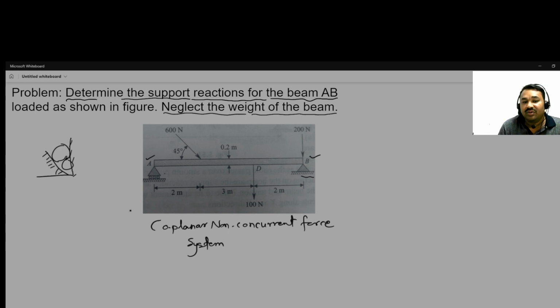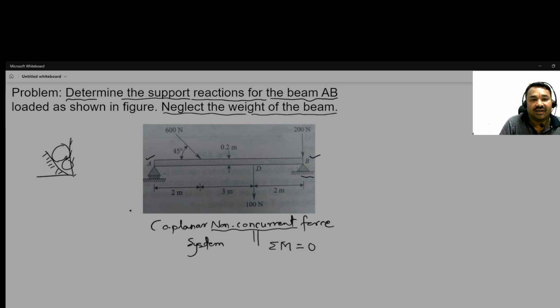And you might be remembering for solving this kind of problem, non-concurrent, because all the forces are not meeting at the same common point. So here we need to satisfy the moment equilibrium condition. And we can see what we have to do.